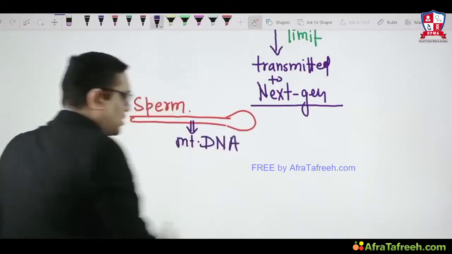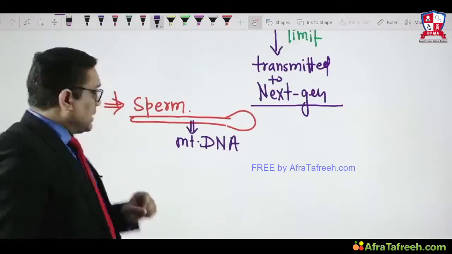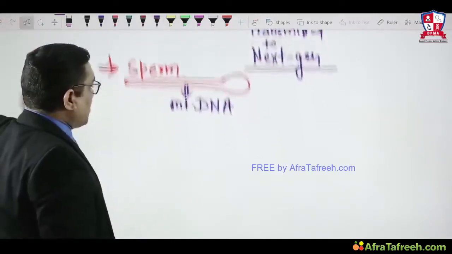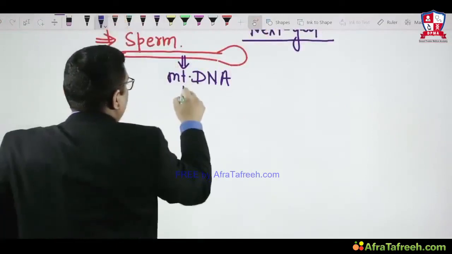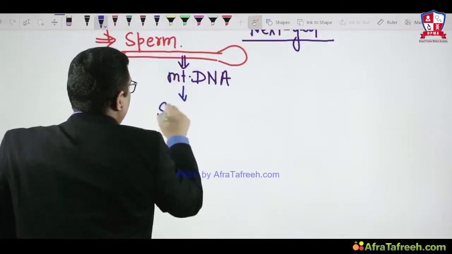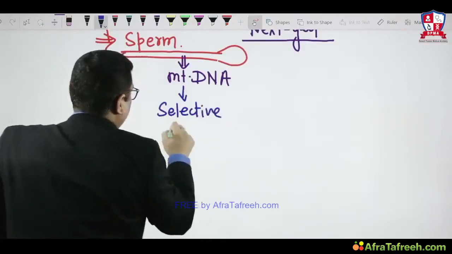Then why is there no disorder transmitted by the mitochondrial DNA of the sperm? Here it is very important to understand, it is selectively degraded during fertilization. Selective degradation.